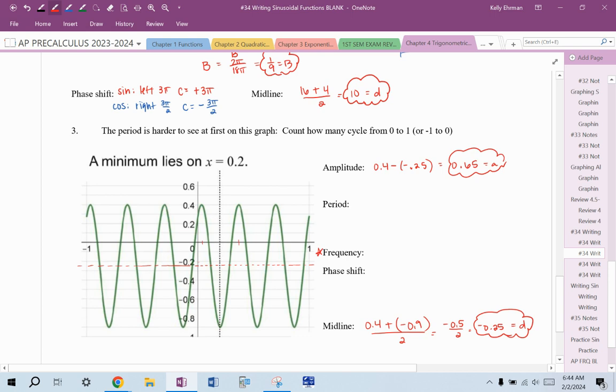So let's take a look here. Let's say we start far left. So we're looking for when do we land back at that same point. So here's 1. So that's 1 period. 2, 3.